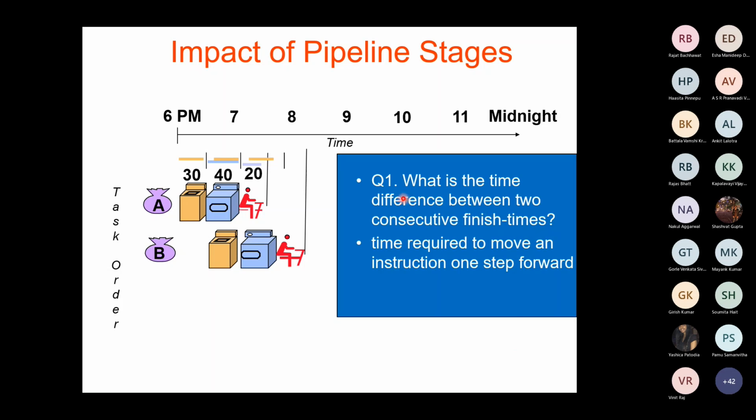So the first question you have already answered, that what is the time difference between 2 consecutive finish times? So this is the time instant where the first user finishes, and this is the time where the second user finishes. So this time difference must be equal to the time needed by the longest stage, because these are the same resources and they must be non-overlapping in time.